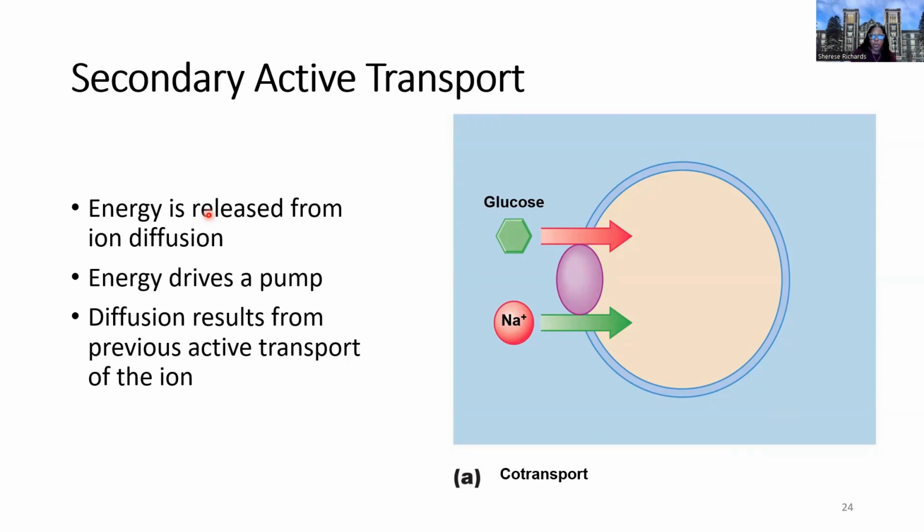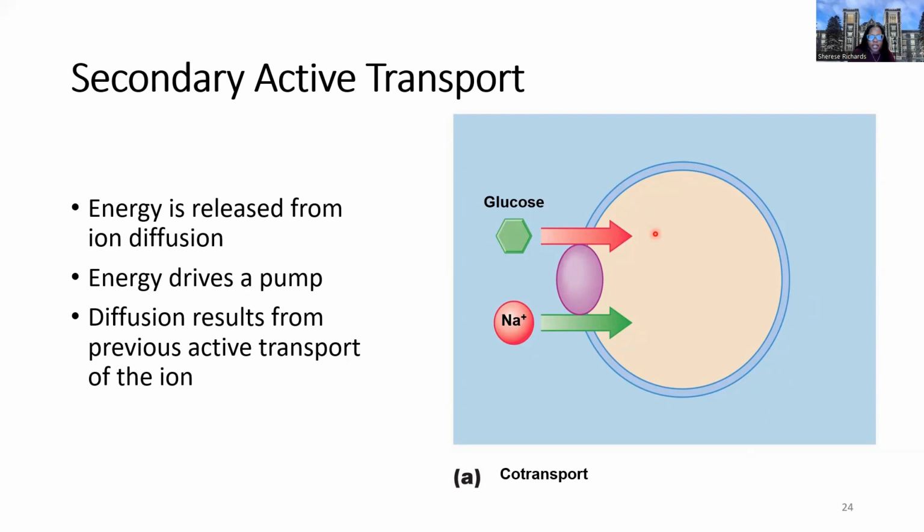Active transport requires energy. So when we think about secondary active transport, we can move one particle passively, and we can couple that movement to another particle and use the energy that's harnessed from the passive movement in order to drive the active movement of another particle in question.